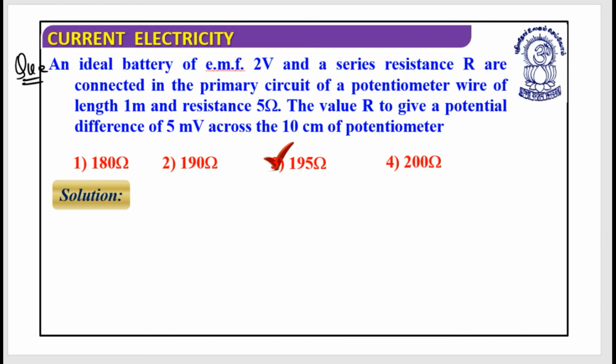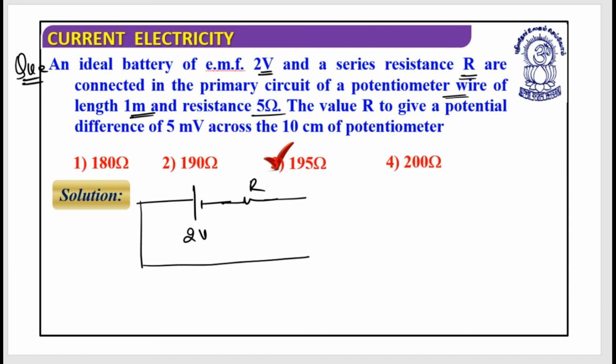Let's look at this question. It says an ideal battery of EMF 2 volt and a series resistance R are connected in the primary circuit of a potentiometer wire of length 1 meter and resistance 5 ohm. Let's say this is the potentiometer wire.